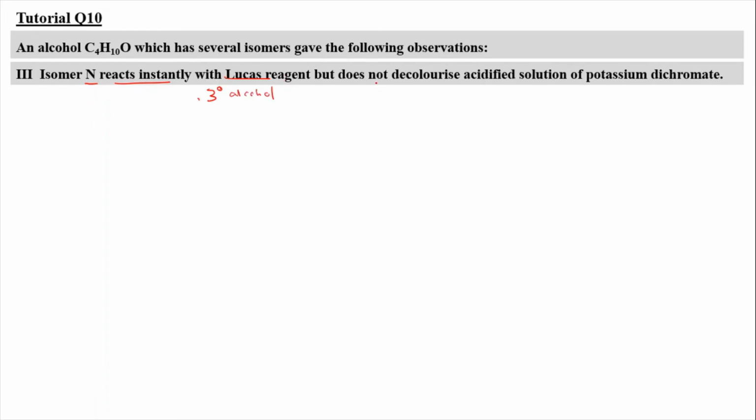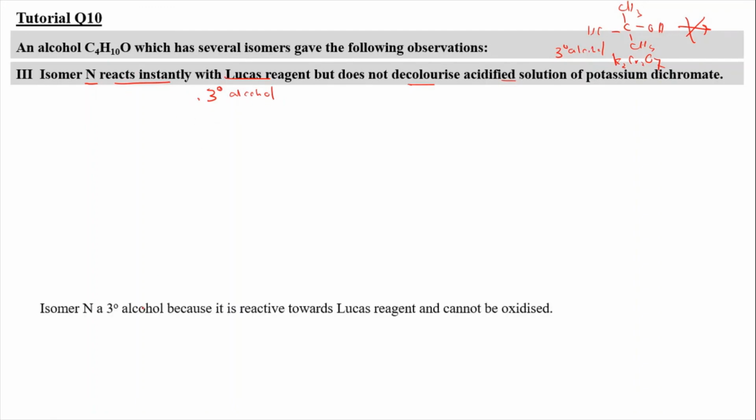And then it does not decolorize acidified potassium dichromate solution. So you know that it is a tertiary alcohol because tertiary alcohol has no hydrogen to be oxidized. Okay, so it cannot be oxidized. So it confirmed that isomer N is a tertiary alcohol.